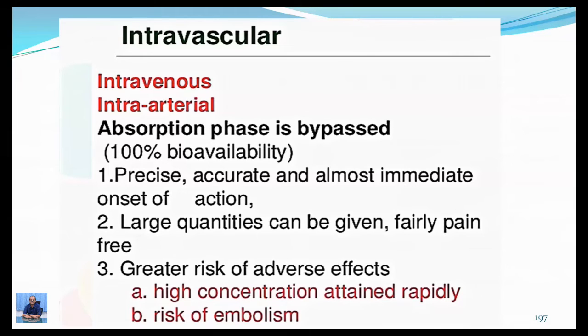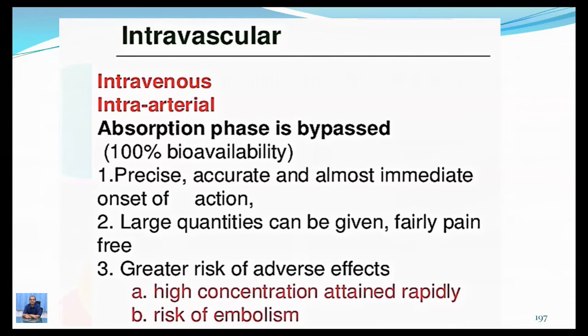And another risk of the intravenous route is embolism, meaning the formation of emboli in the blood. So clump formation will occur, and sometimes if small clumps go and occlude certain very crucial parts of the heart or the brain, then there is a chance of heart and brain dysfunction.